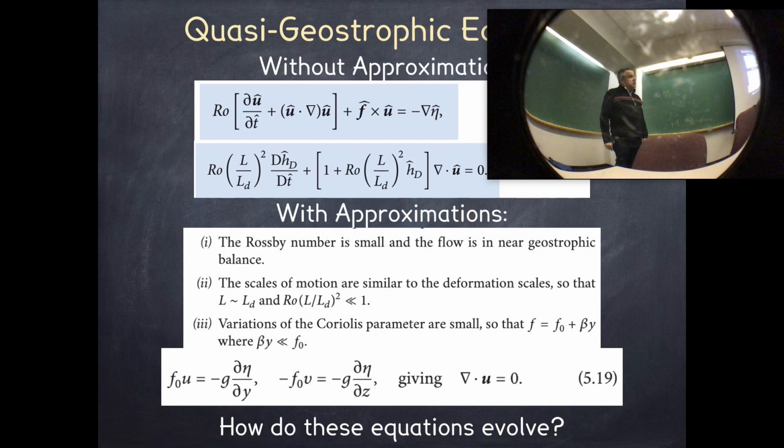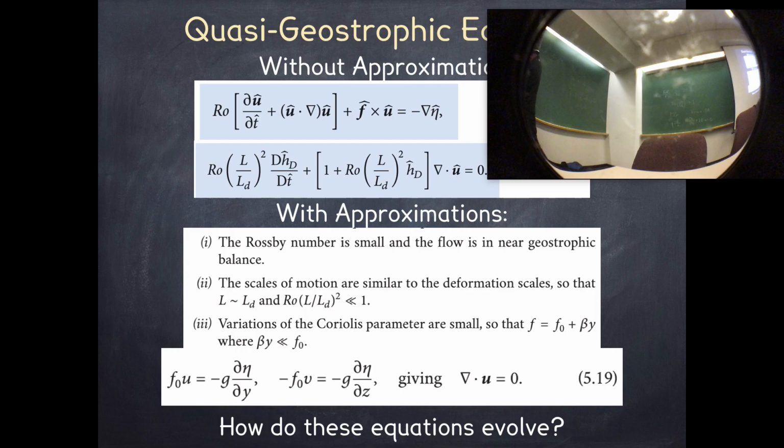I have a terrible piece of chalk, which is making me go slower. Equals minus gradient eta. Okay, so if I take this first equation and I write u equals some first order plus some small correction, let's say Rossby, u1 plus dot dot dot.